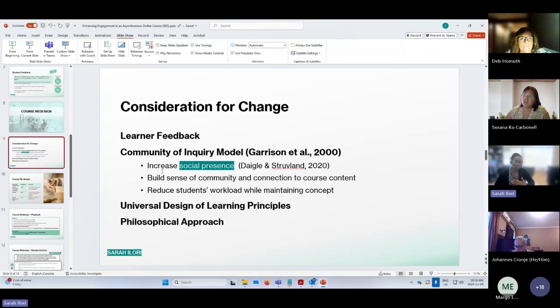And my philosophical approach really aligns with social constructivist learning, as well as with humanistic principles, where I believe it's important for people to learn by having that peer interaction and being able to co-create a meaningful engagement. So those are things that led to a lot of the changes that were made.